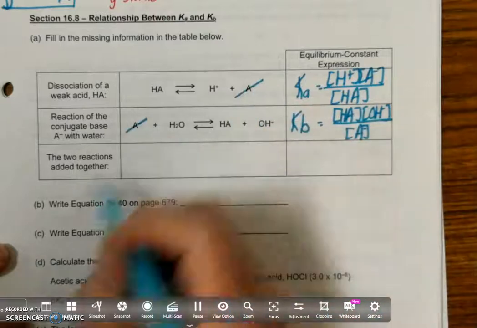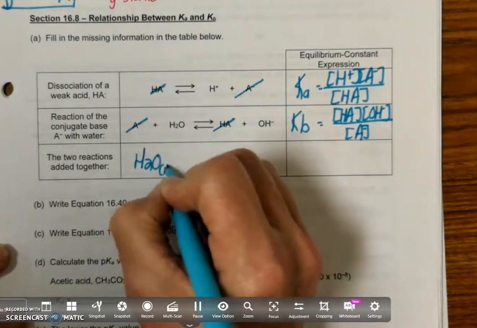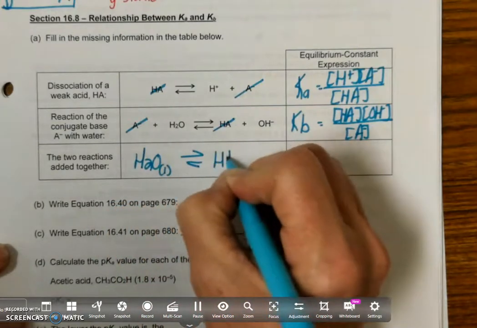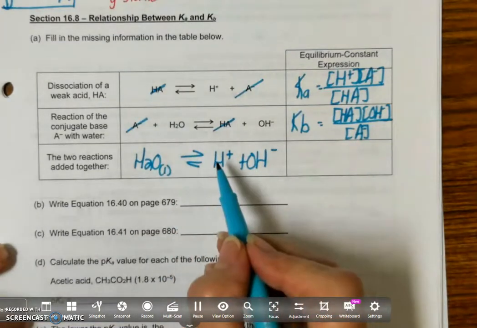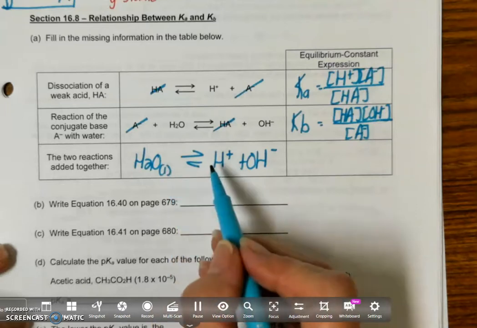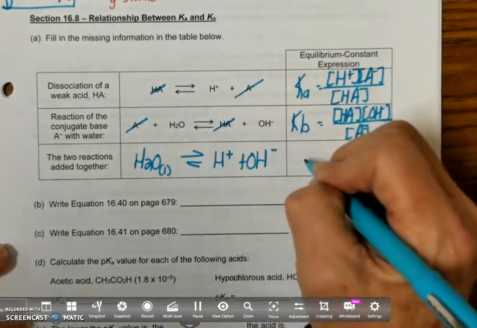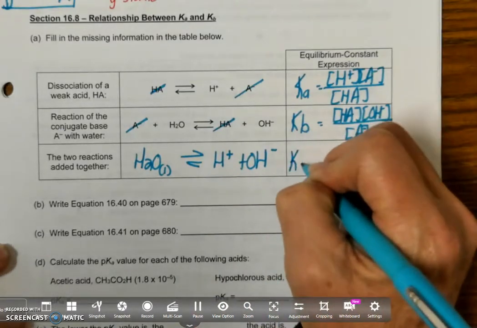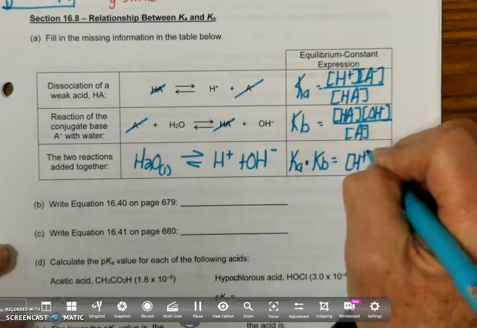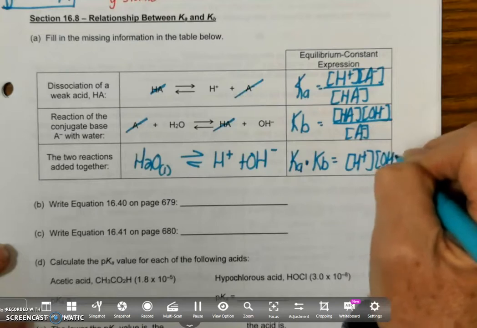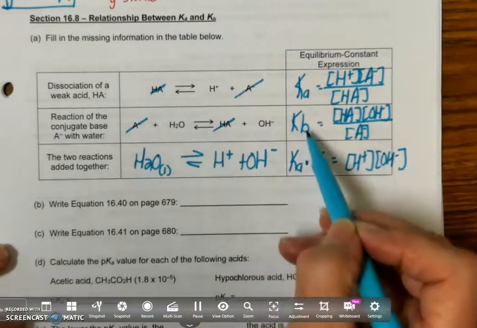So if I do this, I get water, liquid, in equilibrium with H plus and OH minus. That is my target reaction, which is really the autoionization of water. So what that means is that Ka times Kb is equal to the concentration of H plus times the concentration of OH minus, because if I add these reactions, I multiply these.